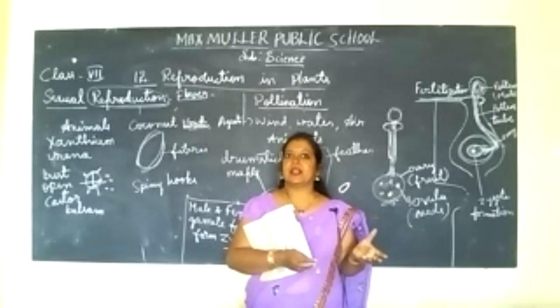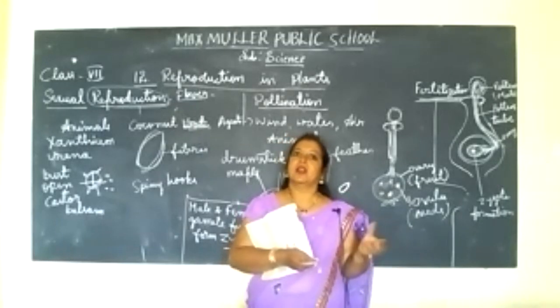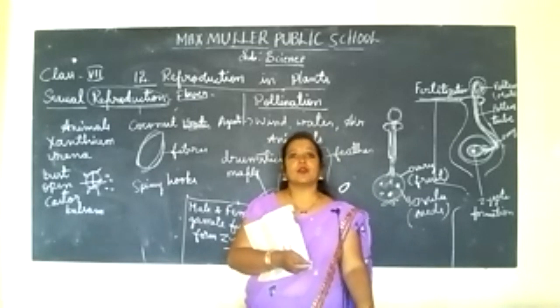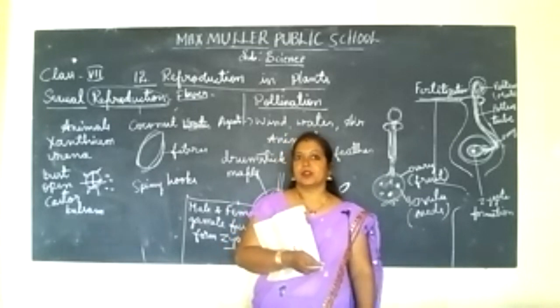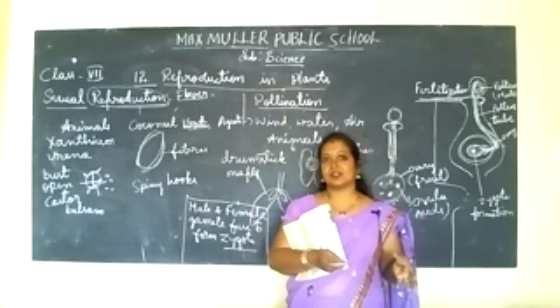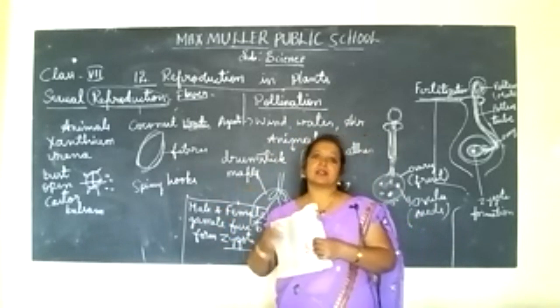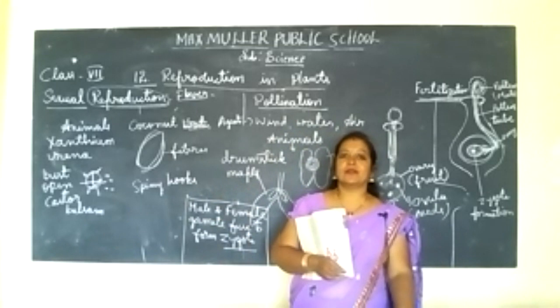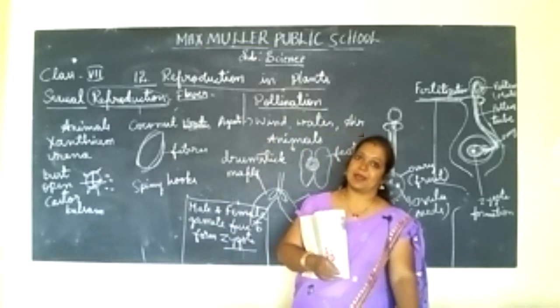The upper part peels off or bursts open, and the black seeds are expelled out from the fruit body. In that way, seeds burst open. We can see this in the balsam plant also. This is the way dispersal of seeds happens.